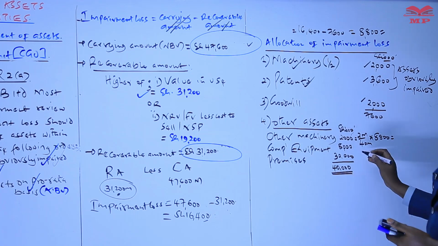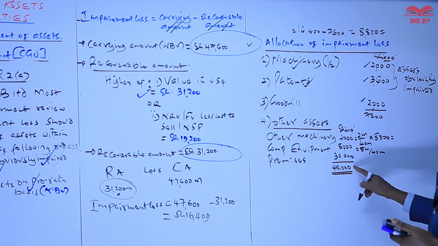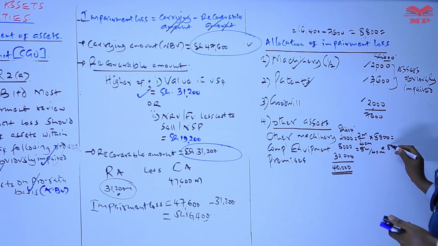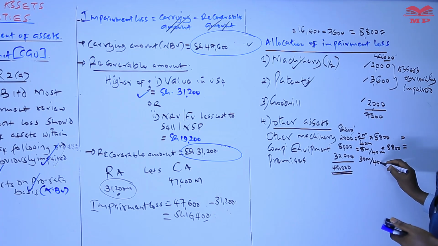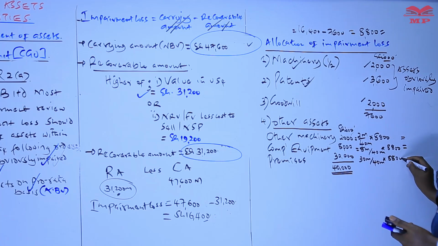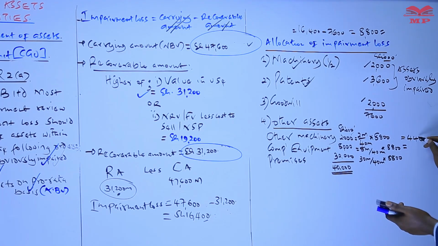We do the same for computer equipment, 8 million all over the total carrying amount, 40 million, times 800, and finally for premises, 30 million all over 40 million, times 800. So this will give us the impairment loss to be allocated to those three assets. To the other machines, we have 2 out of 40 times 800, and that will give us 40. Remember also these figures are in thousands of shillings.